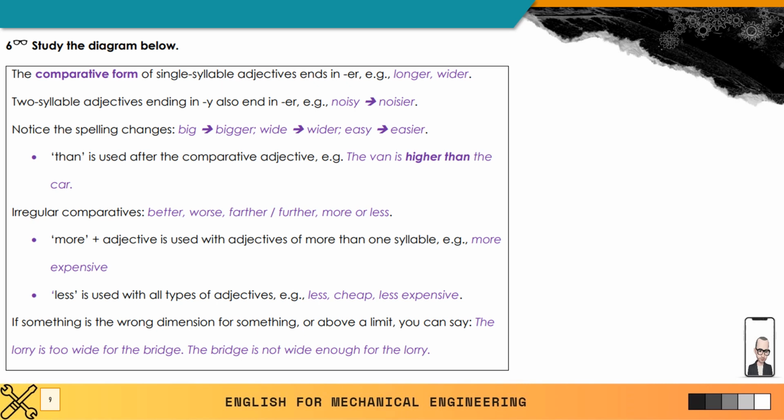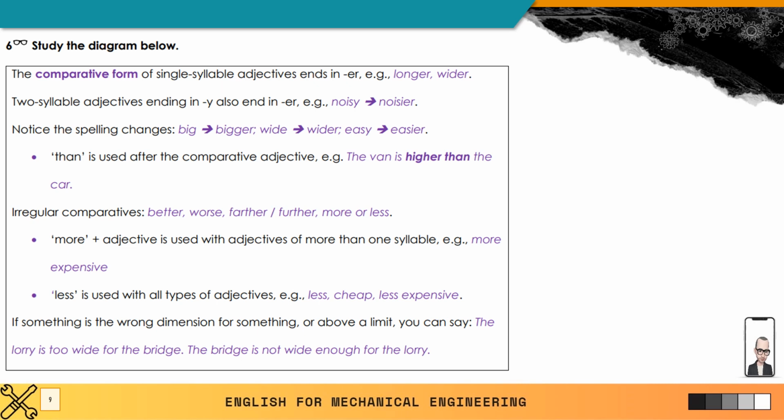And then there are a couple of spelling rules that you have to keep in mind. If the adjective is a shorter one, so single syllable adjectives, we will just add er, so longer, wider, and so on. The spelling will sometimes change, so big, bigger, thin, thinner.